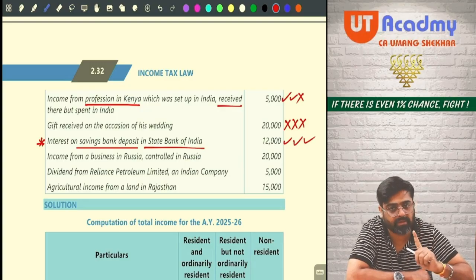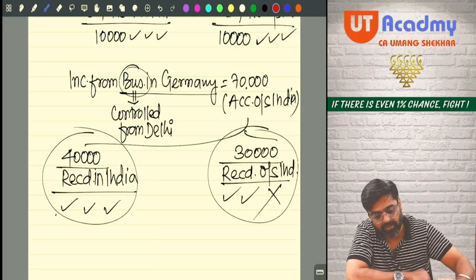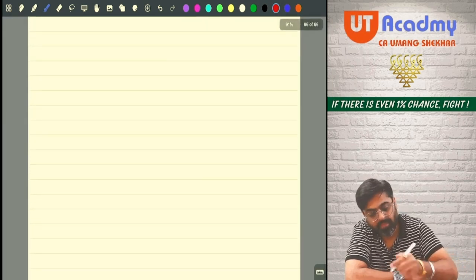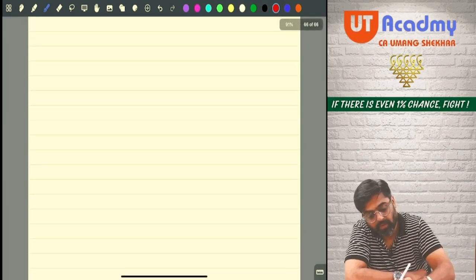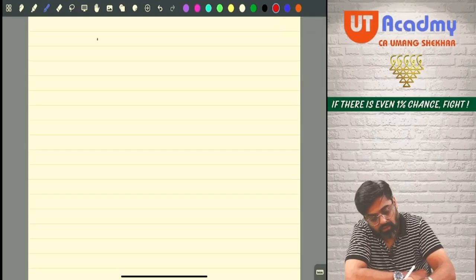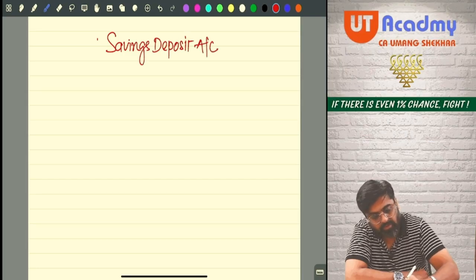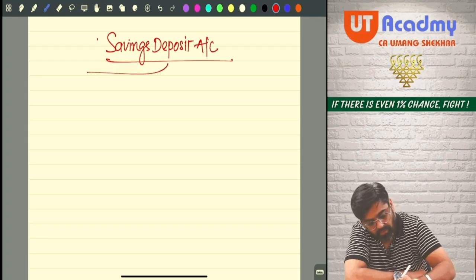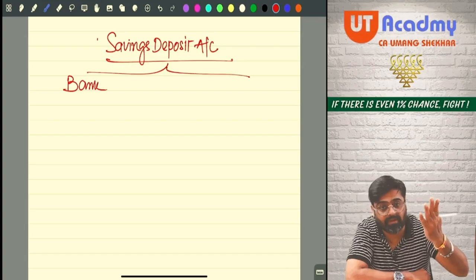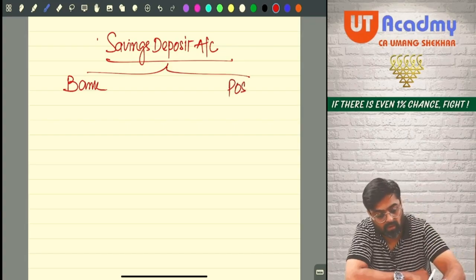Now please pay attention. See, if you are having a savings deposit account, that savings deposit account you can keep with any bank, or you can put a savings deposit account with a post office also.